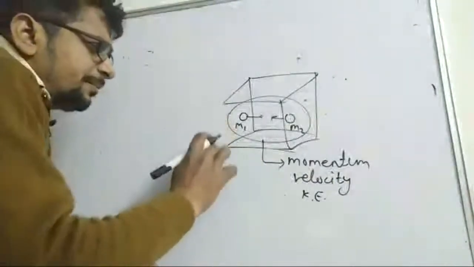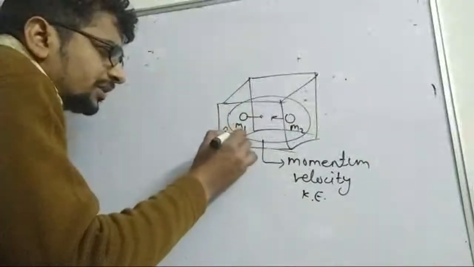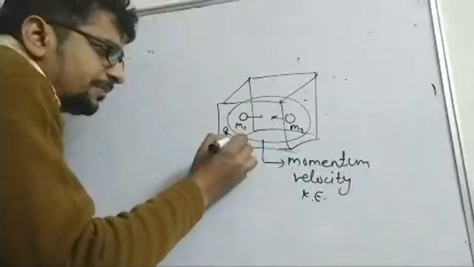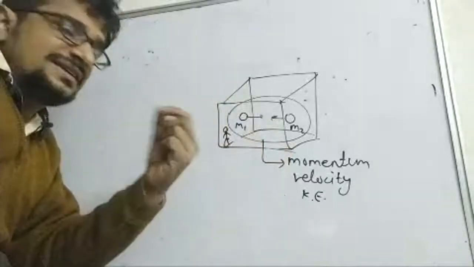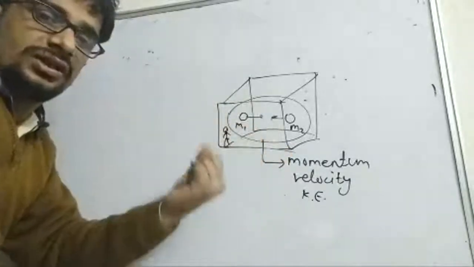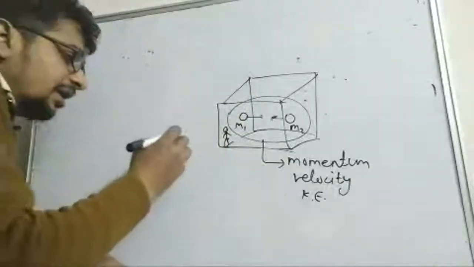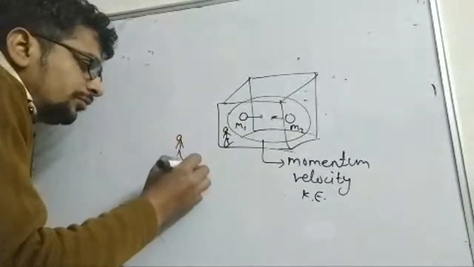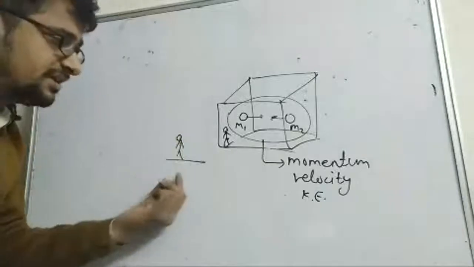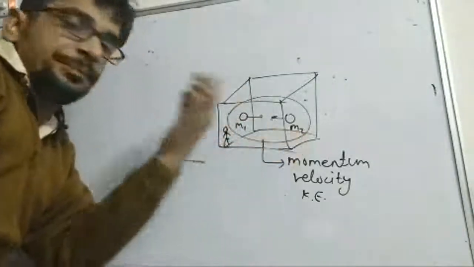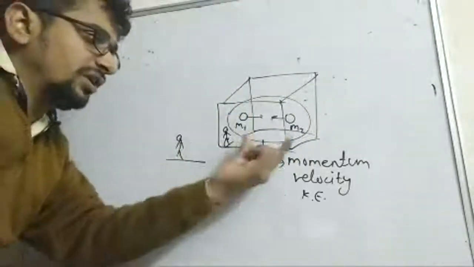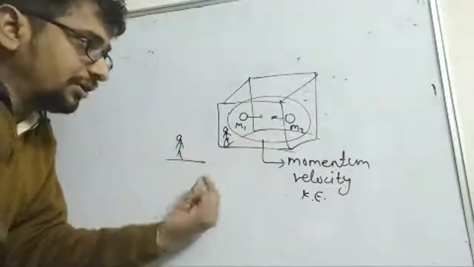Let's assume that a person is inside the room and is seeing this phenomenon of the collision, and another person is outside the room, and he is also watching that phenomenon of collision. Got my point or not?